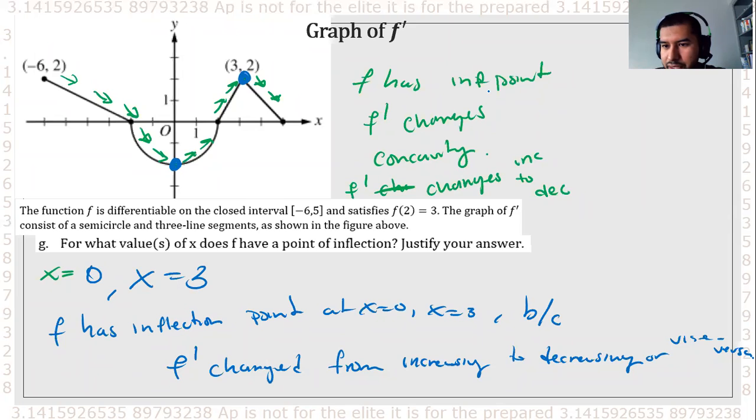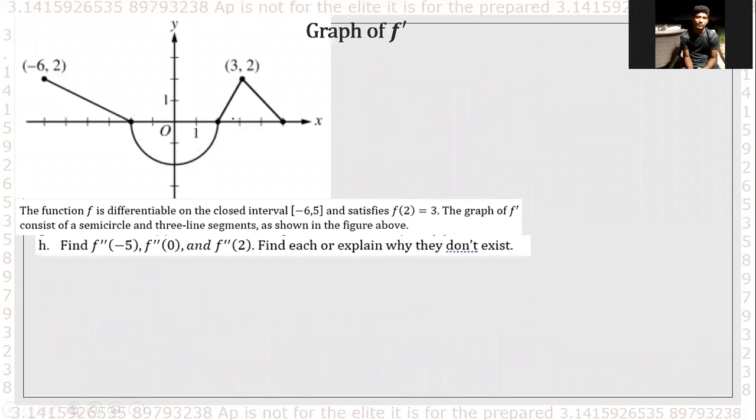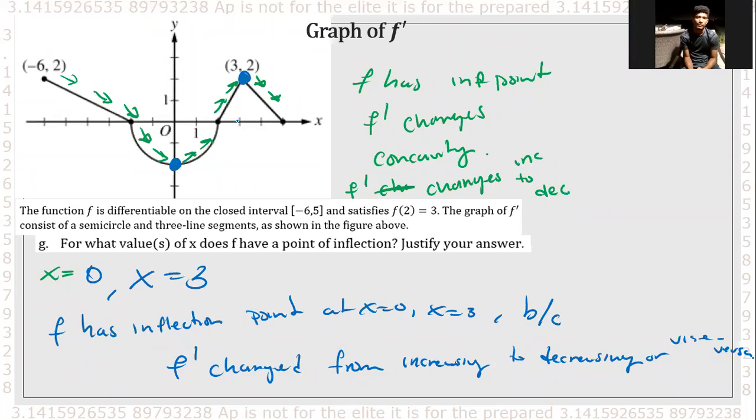But doesn't the point x equals 3 on the curve? I'm sorry, one more time. So x equals 3. But we're not talking about the derivative at that one.